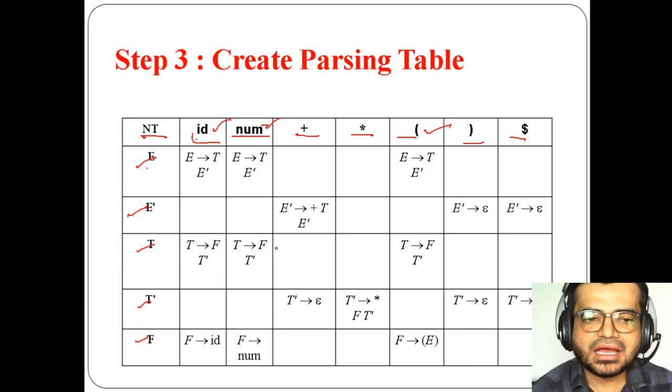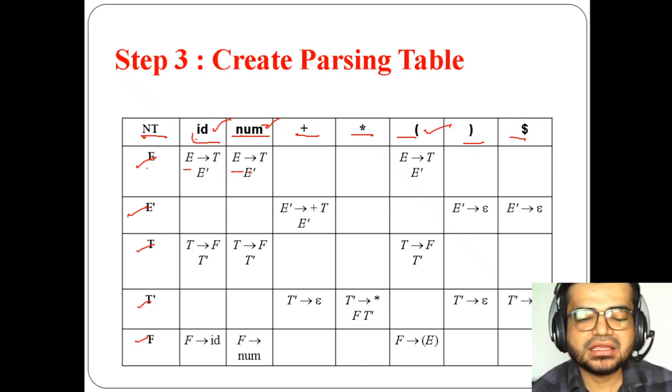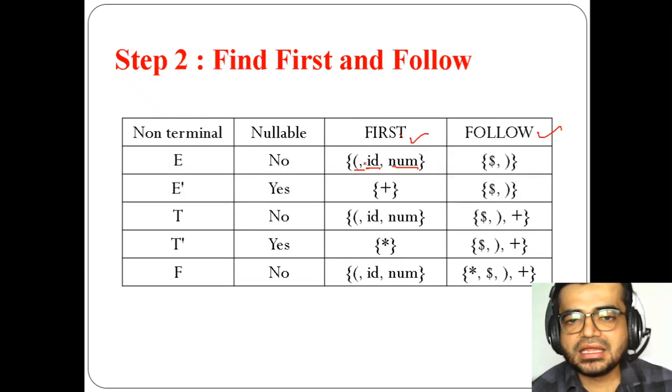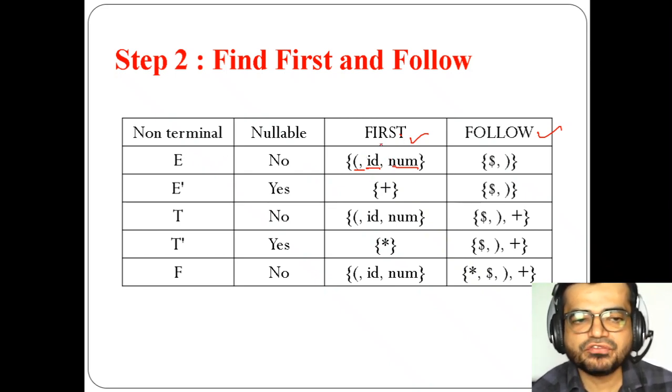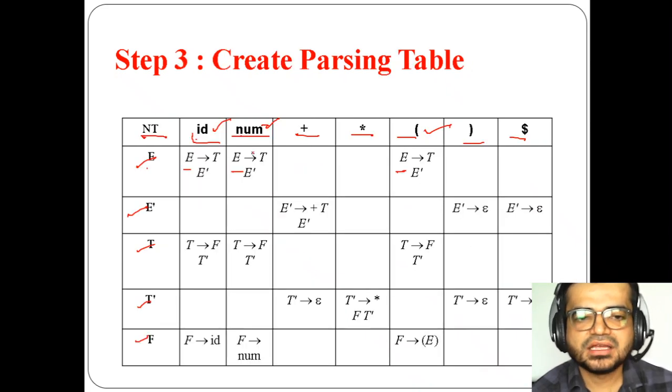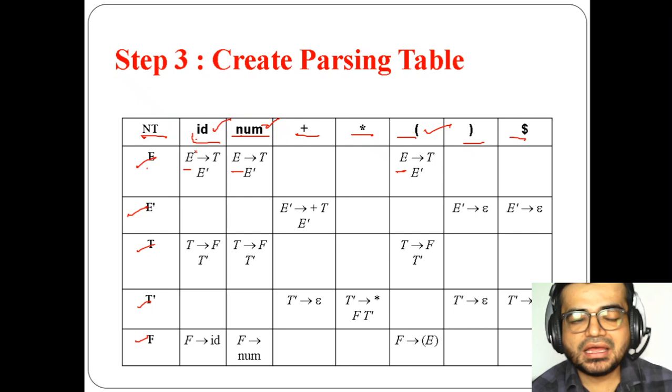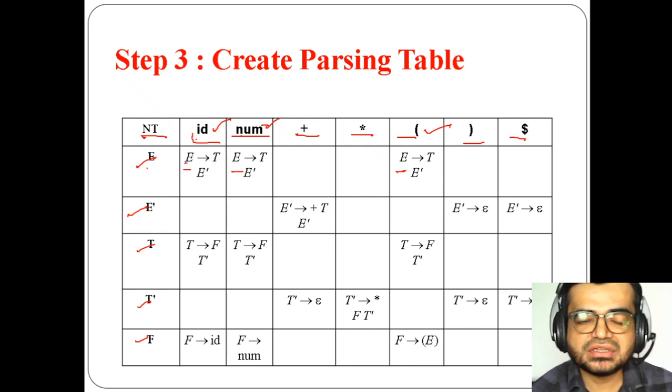So I'm taking E of TE dash under all 3 symbols. Why 3? Because the first of E is 3 symbols. In those only I'm taking this production, which is associated with E.